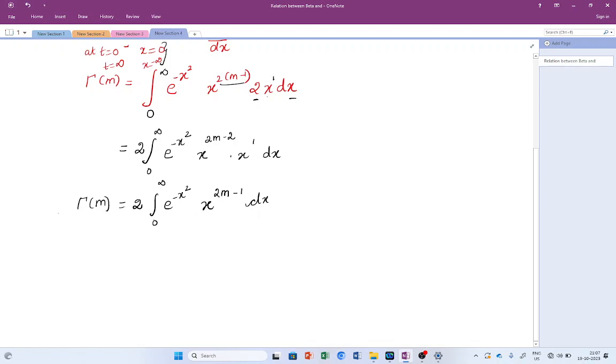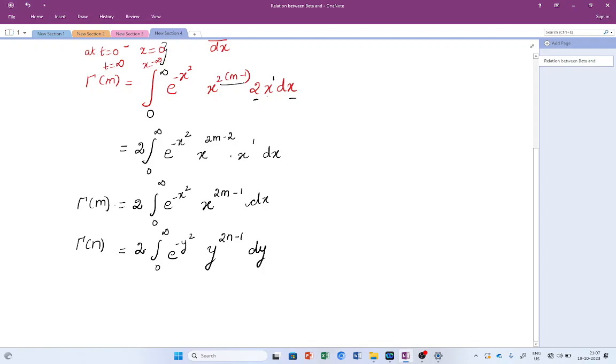Now if I write another gamma of n with a change of variable, it will be the integral from 0 to infinity of e power minus y square, y to the power of 2n minus 1 dy. To show the difference, I'm taking it as y.